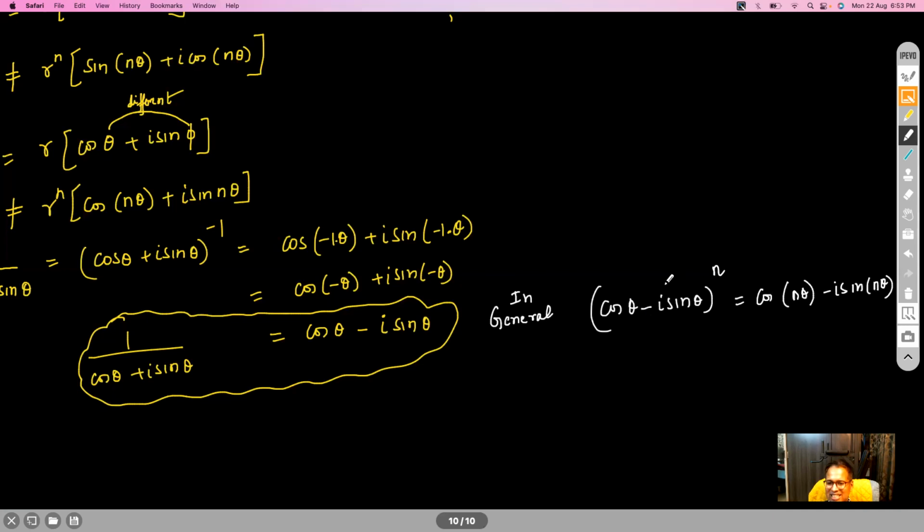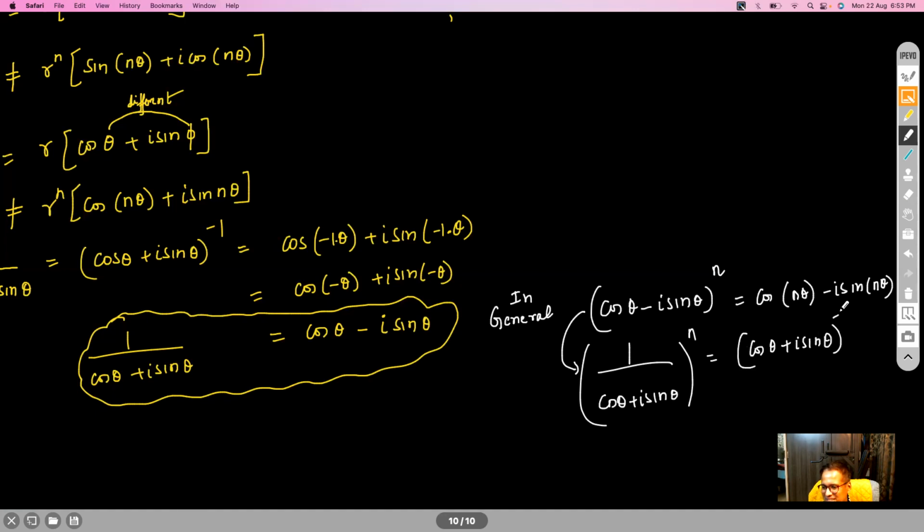Because writing this is as good as writing this. In fact, let me write it like this. Writing this inside form is as good as writing cos theta plus i sin theta to the power of -1, and outside there is an n. So they will both get multiplied and become cos theta plus i sin theta to the power of -n.